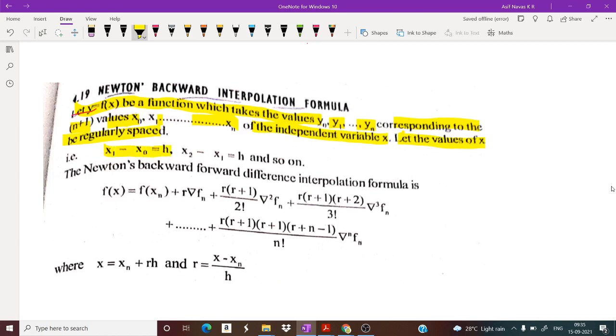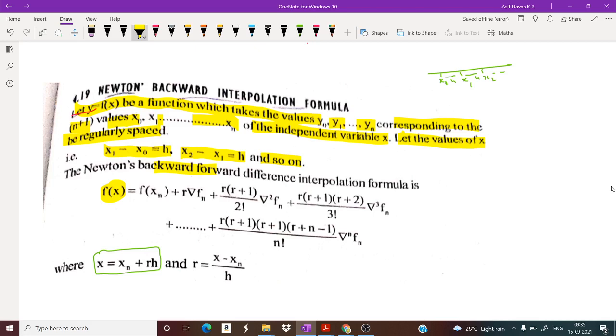That means the difference between x1 and x0 must be equal to h, x2 minus x1 is equal to h, etc. This distance is always h, and so on.